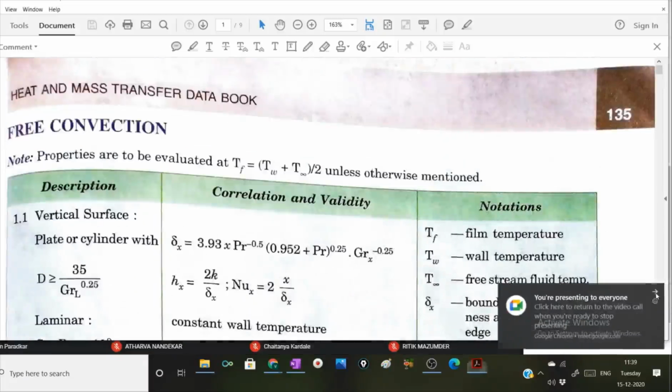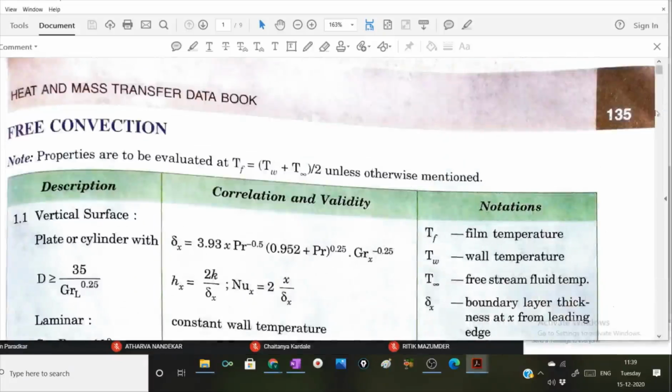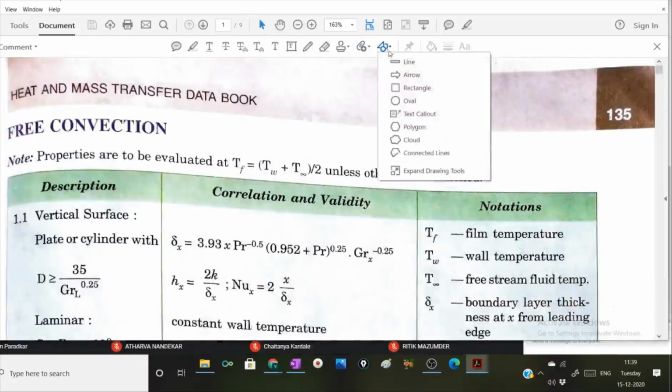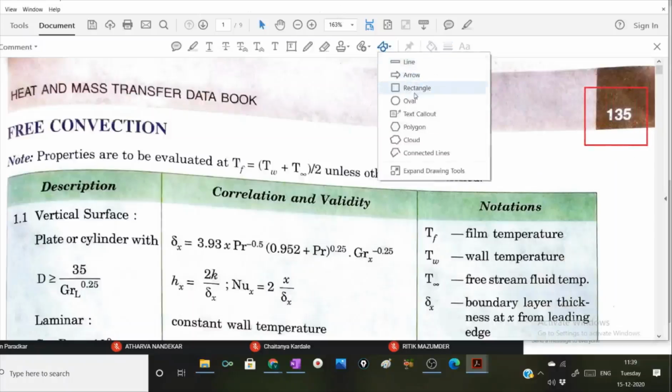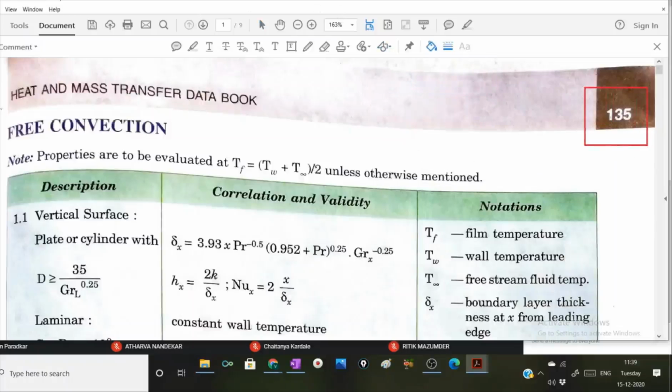So kindly refer page number 135 in my data book. In your data book, this page number may vary. Page number 135 is for free convection.